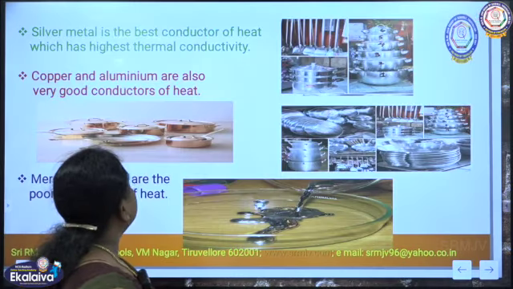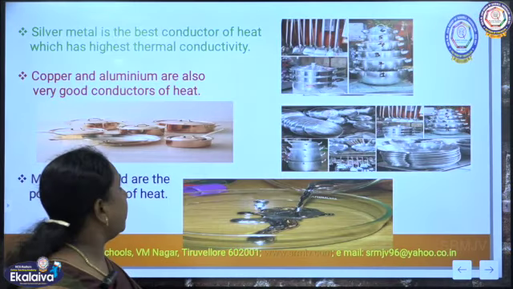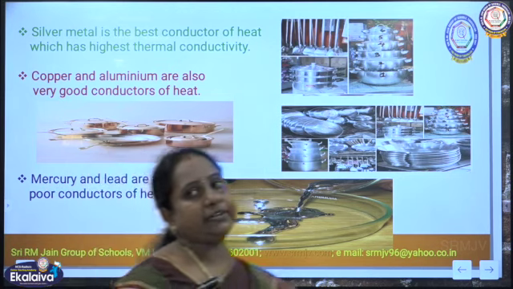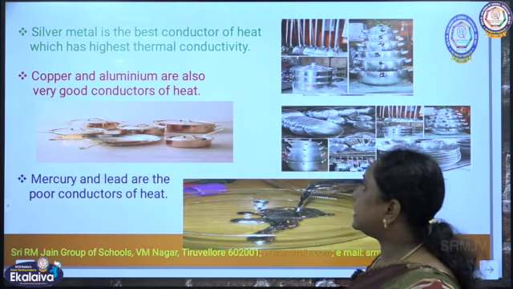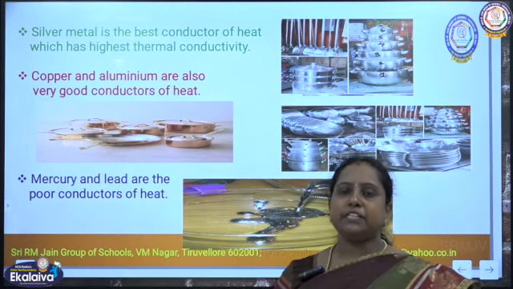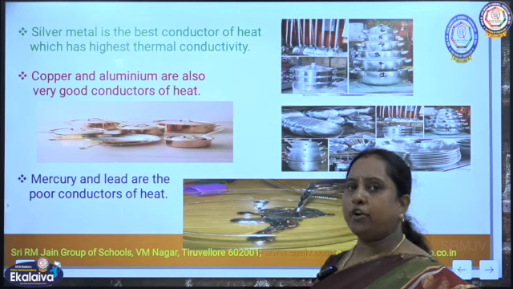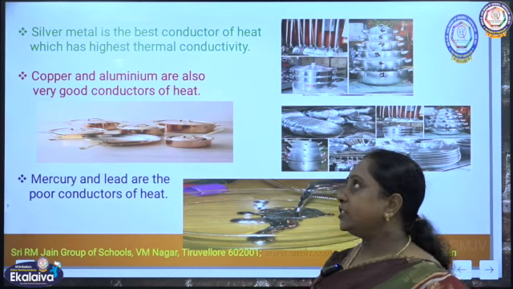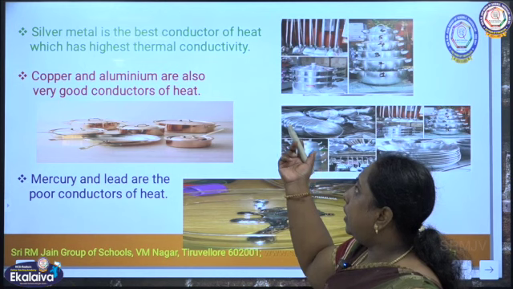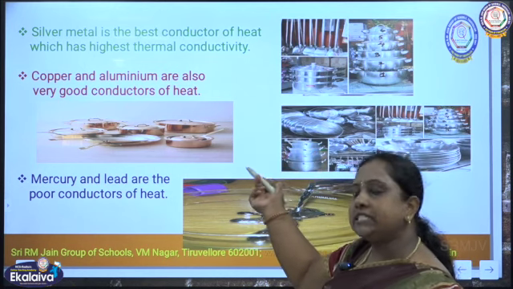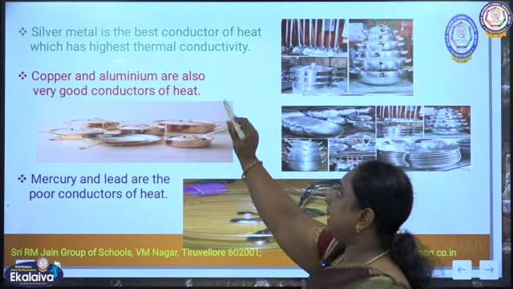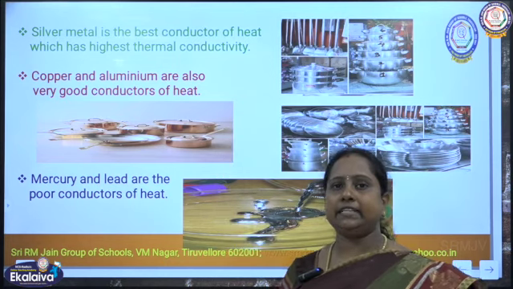And silver is also one of the best conductors of heat as well as electricity, but it is somewhat more expensive than copper, so we use copper for electrical gadgets, but silver can be made into utensils, as it has high thermal conductivity.